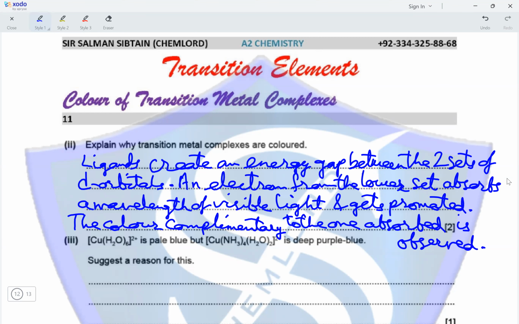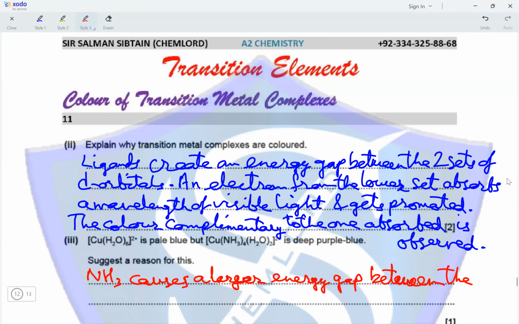Next, [Cu(H2O)6]2+ is pale blue, but [Cu(NH3)4(H2O)2]2+ is deep purple blue. Suggest a reason for this. Ammonia causes a larger energy gap between the two sets of d orbitals.